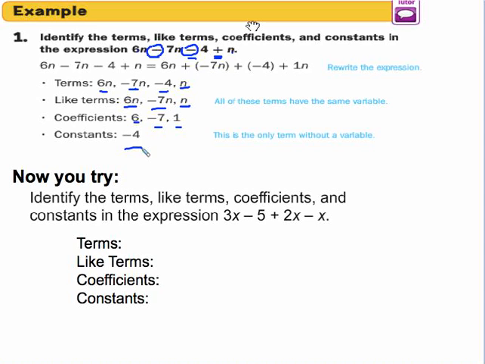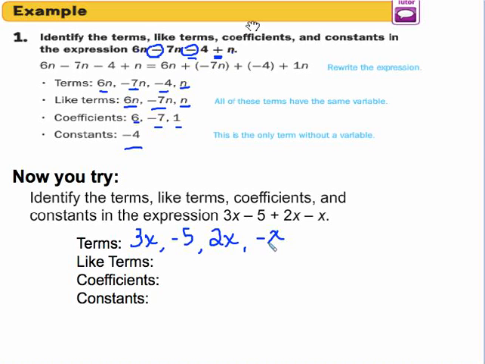So now you guys try. Maybe pause the video before I give you the answer. All right, so in this expression here, 3x minus 5 plus 2x minus x, I have 4 terms. Those terms are 3x, minus 5, or negative 5, 2x, and negative x.